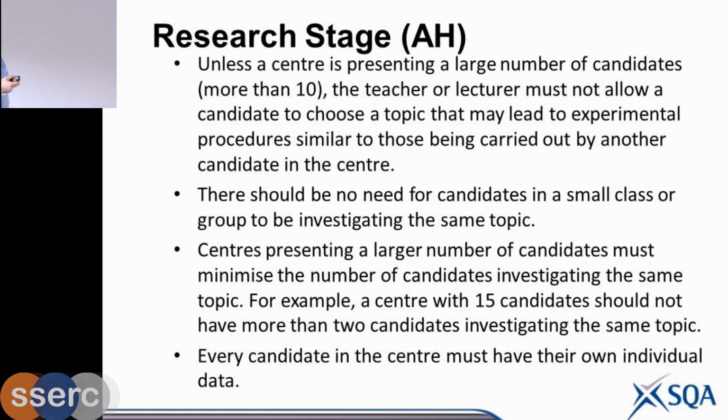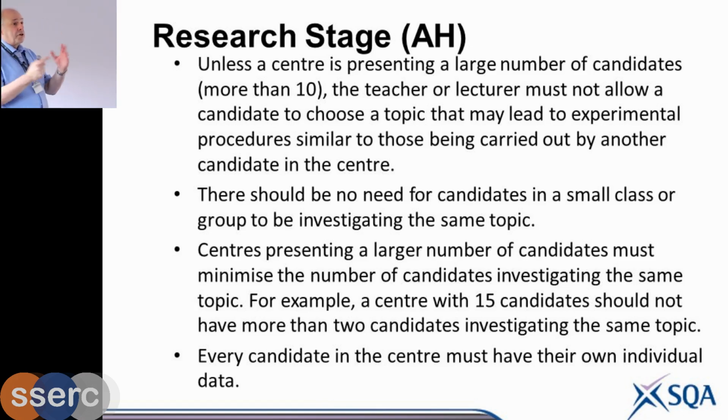In terms of numbers, our rules around this are really quite specific and strict. If you've got 10 or fewer candidates, they have to be investigating something different. Okay. More than 10, then you can have people doubling up, but you've got to minimize the number doing each.